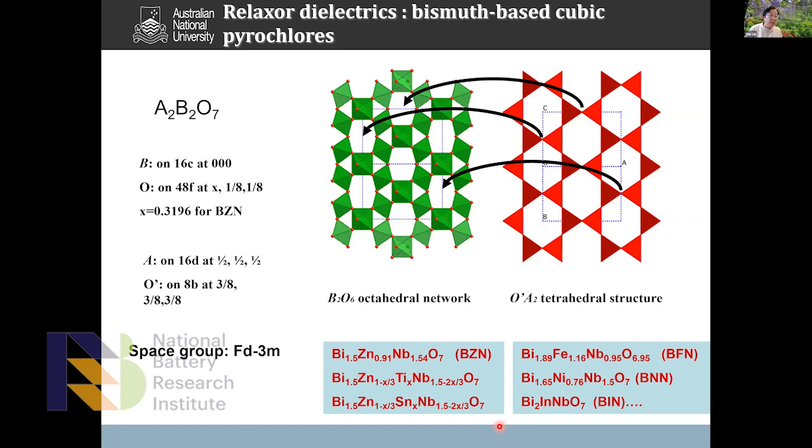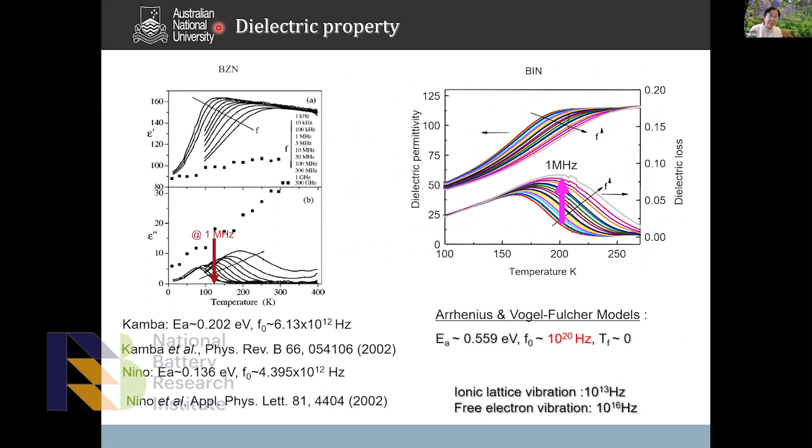So if we look at BZN and BIN, you see both are relaxor ferroelectric materials, but this relaxation happens for BZN around 100, 200 Kelvin, while here this relaxation happens in a high temperature range. If we use the same model to fit this relaxation, we find in BZN the freezing frequency is about THz, so that's related to some ion movement contributing to the relaxation.